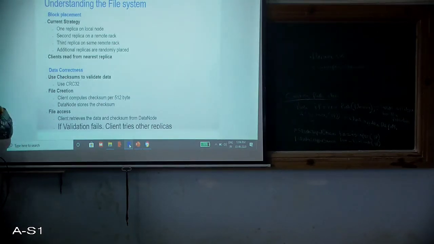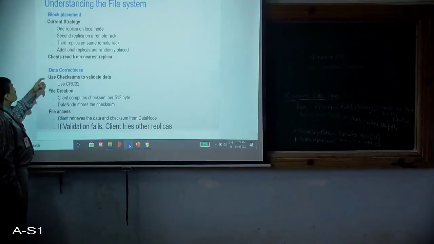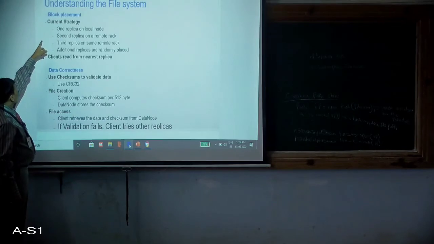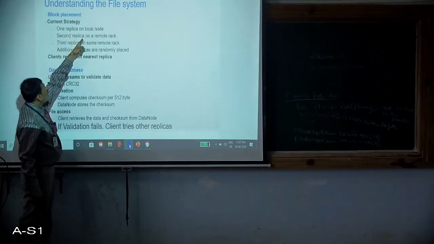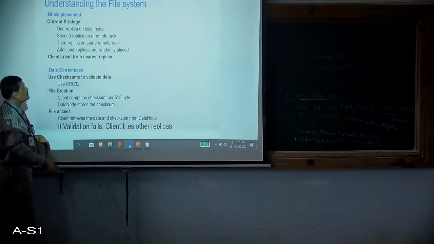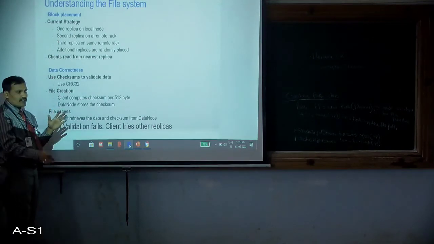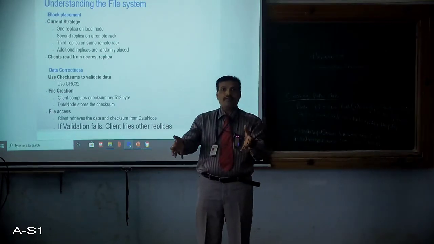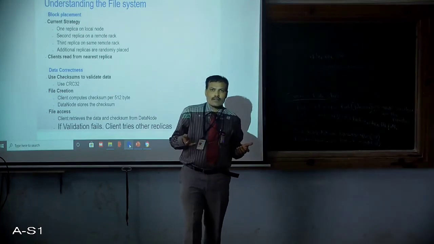I told you about the pipeline and replication of the blocks of each file in different racks. The current strategy in HDFS is one replica on the local node, the second replica on a remote rack, and the third replica on the same remote rack. The NameNode takes the decision about where these blocks are to be placed and how many replicas are required. Why are replicas required for the file?